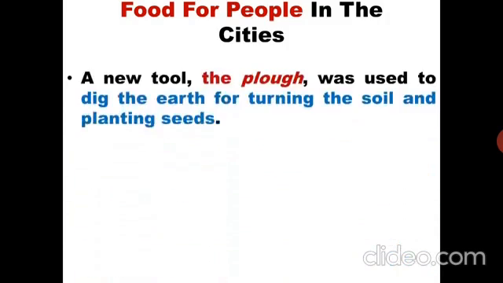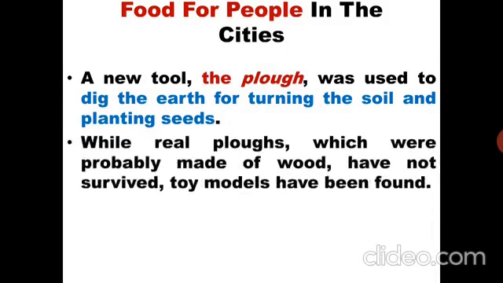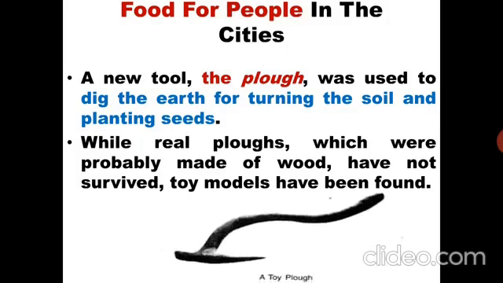A new tool, the plough, was used to dig the earth for turning the soil and planting seeds. So a new type of tool was used at this time in the Harappan cities: the plough. And what is a plough? It was used to dig the earth for turning the soil and planting the seed.